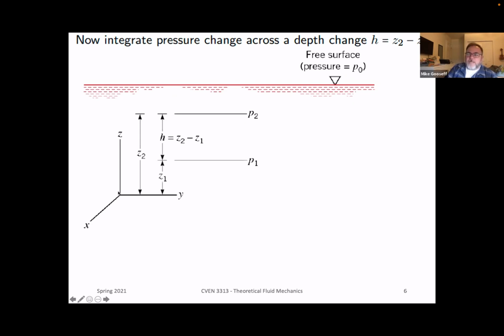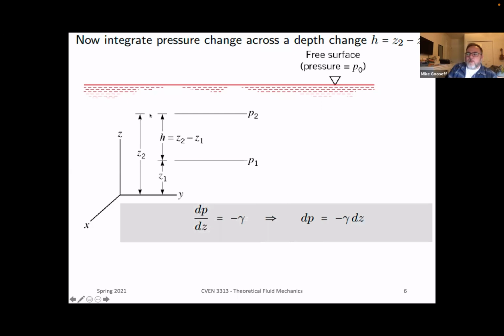If I create a datum down here, then point 1 is some Z1 high, it has an elevation of Z1, and there's going to be some pressure P1 related to how far down it is below the free surface. Similarly, at point number 2, we will have some other P2 because it's at a different depth below the free surface, and it will have some elevation Z2 above our datum, all right?